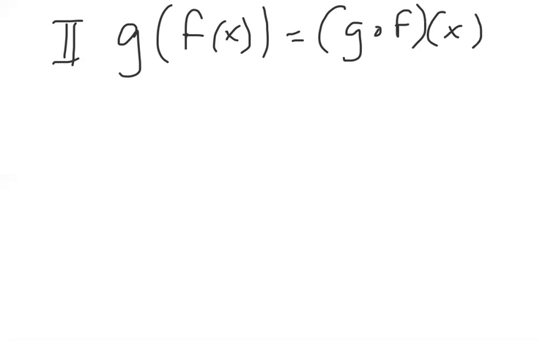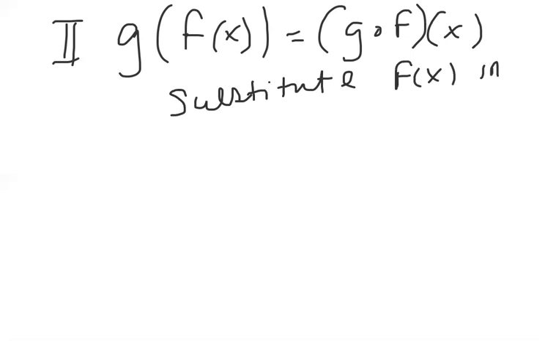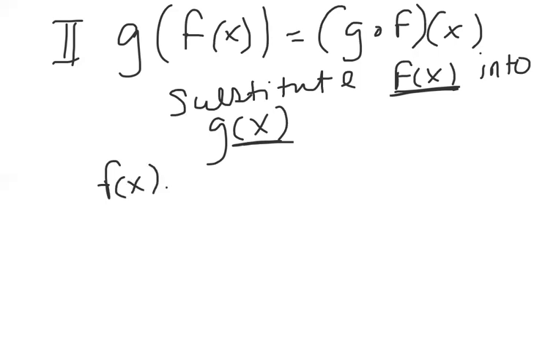So in this one right here, we are going to substitute, all right, f of x into g of x. We take f of x, we plug it into the g of x in order to create the g of f of x. So guys, I am going to go back to the same two functions I gave you in the previous example, f of x is 3x plus 4, while g was 2x minus 1.